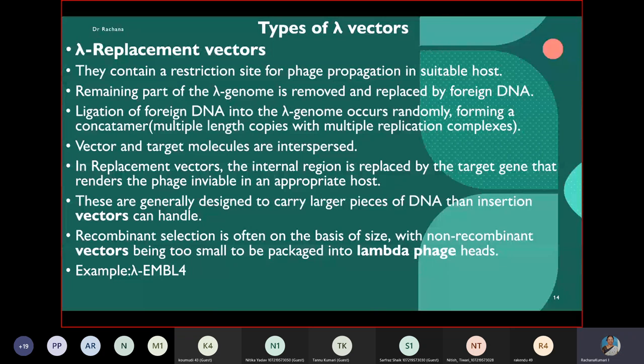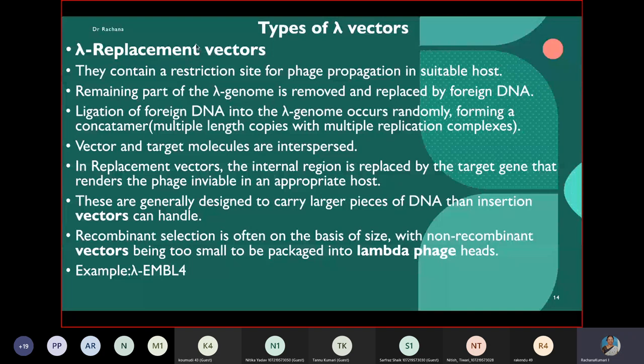So now that we have understood about the bacteriophage genome, let's look at what types of vectors we can construct. How can we construct these? What method does it involve? We have one category of the lambda vectors which are specifically known as lambda replacement vectors.